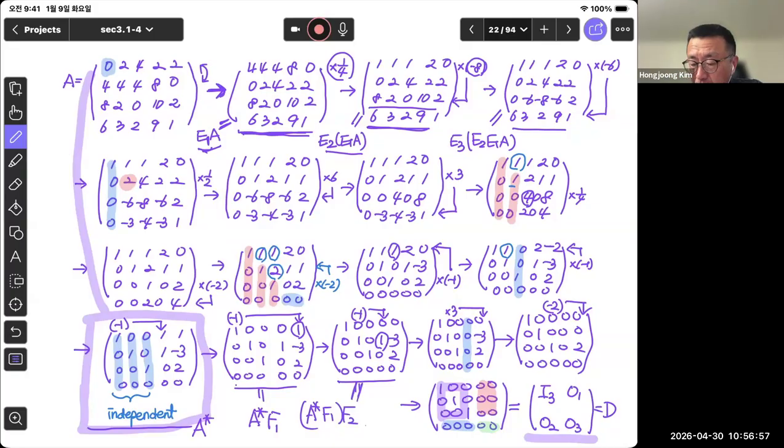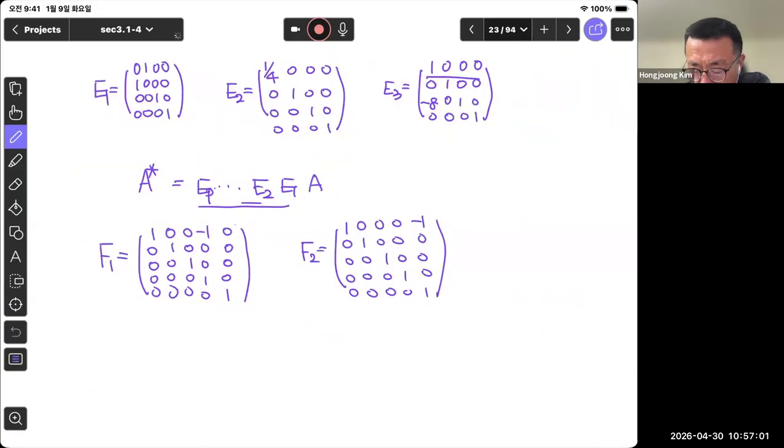Okay, so in this way, given this A star, if you multiply some elementary matrices, you get the D matrix, which is of this form.